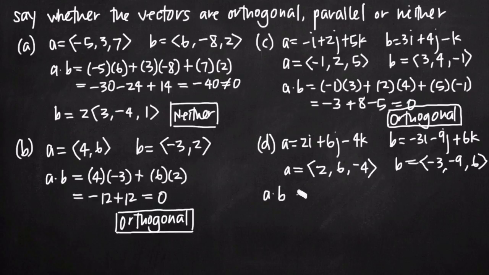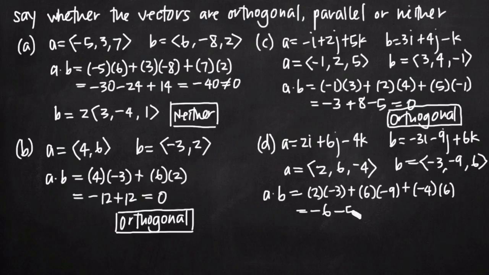So the dot product of A and B is going to be 2 times negative 3 plus 6 times negative 9 plus negative 4 times positive 6, which is going to give me negative 6 minus 54 minus 24, and I can see already that that's going to be a very negative number, not equal to 0. So I know that they're not orthogonal. I just need to make sure that they're not parallel before I say that it's neither.